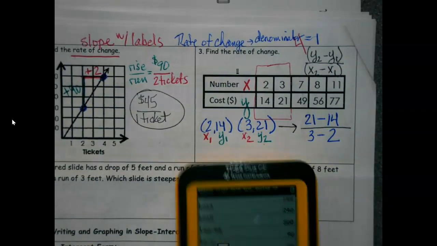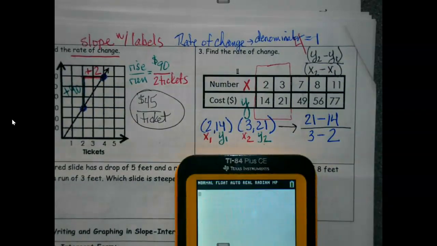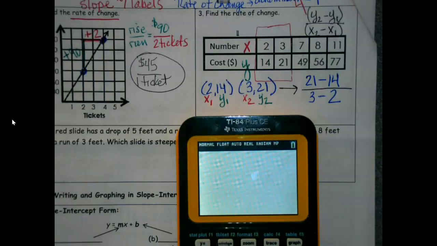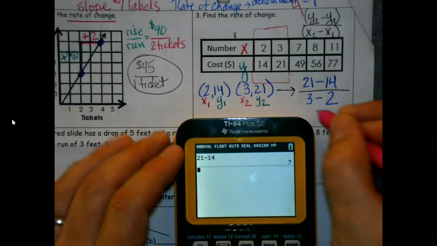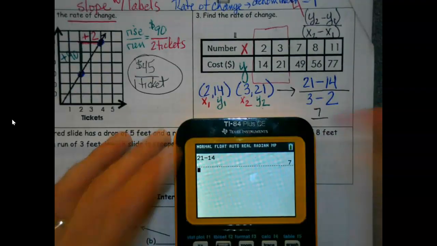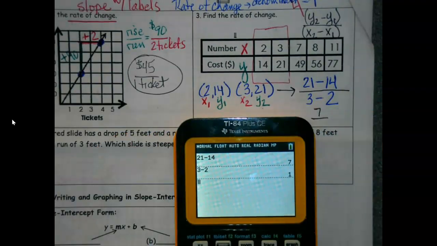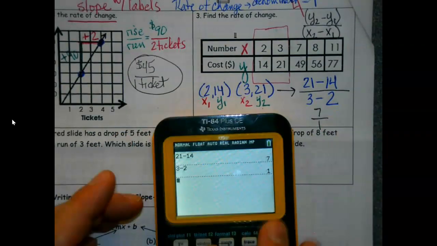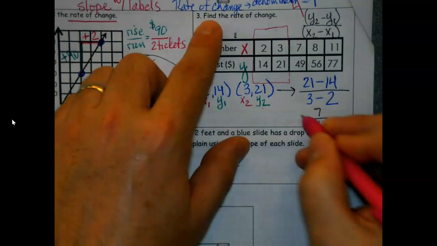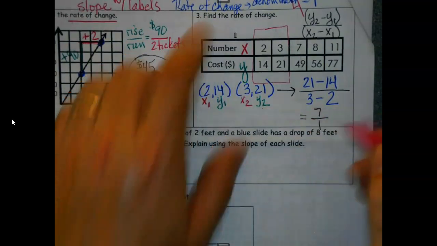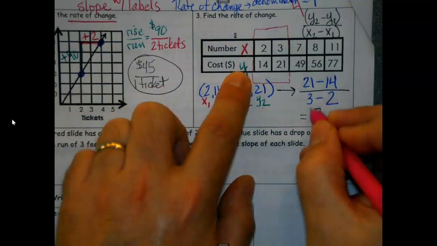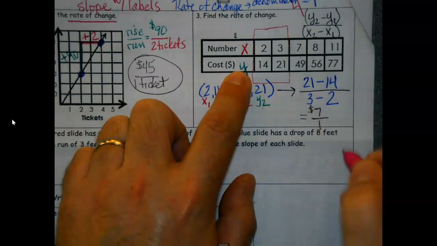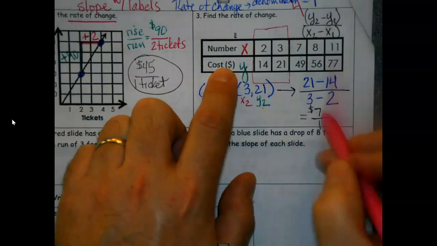The one suggestion I'll make is that if you're going to go to your calculator and not just do this in your head, that you do each part individually. So in other words, 21 minus 14, get my answer. 3 minus 2, get my answer. But then I've got to remember this is a rate of change. So I've got to put my Y's, my dollars, on top.